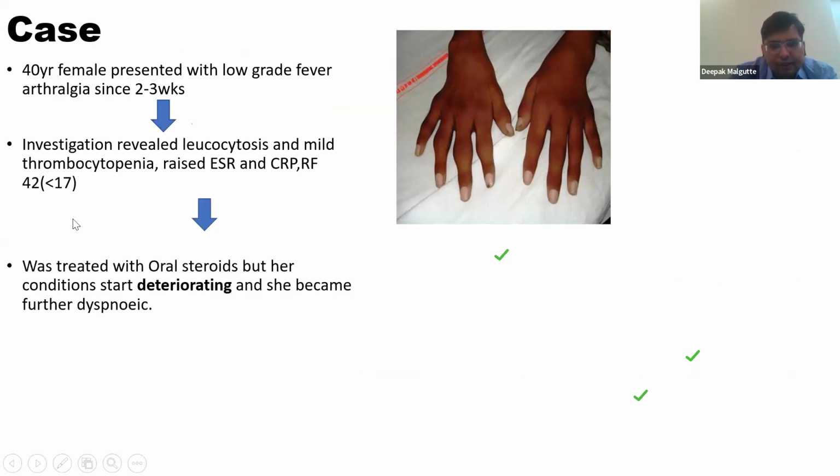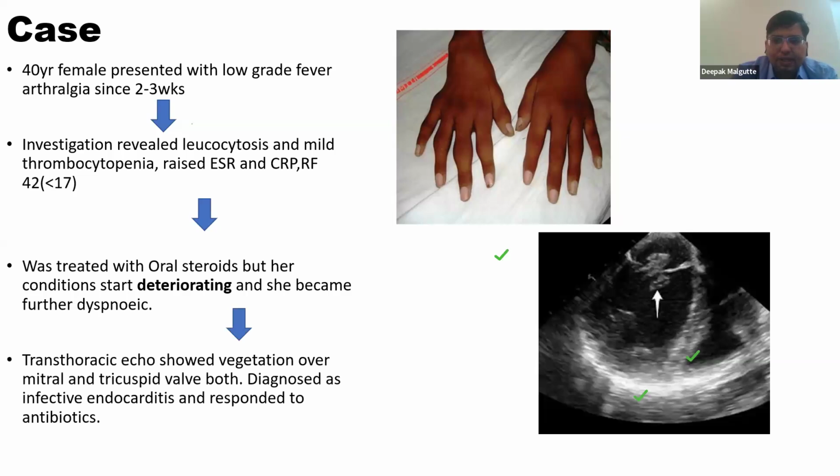So she was started on steroid, but after starting steroid, her joint pain subsided, but her fever started worsening. She became dyspneic, and then she presented to us, where a simple auscultation suggested a murmur. When we did a 2D echo evaluation, we diagnosed her with infective endocarditis, which was causing this inflammatory arthritis, and the RA factor being false positive.